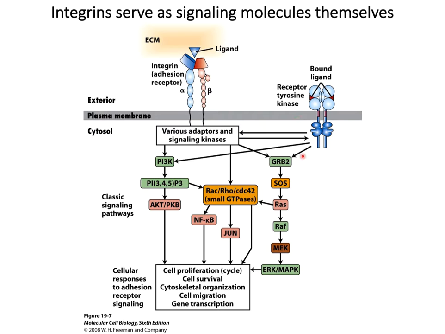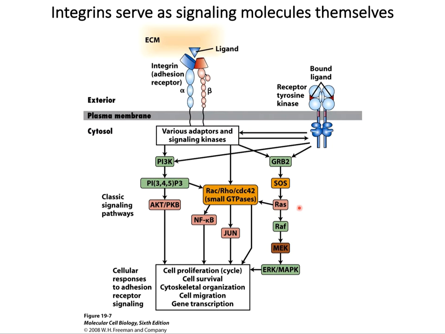One of these pathways we have seen already, and it is the pathway that is also propagated from the receptor tyrosine kinases. So on the right-hand side of the diagram, you can see a dimerized active receptor tyrosine kinase. It is bound to its ligand. So the receptor can activate GRB2, which in turn recruits SOS, which is the guanine exchange factor for RAS.